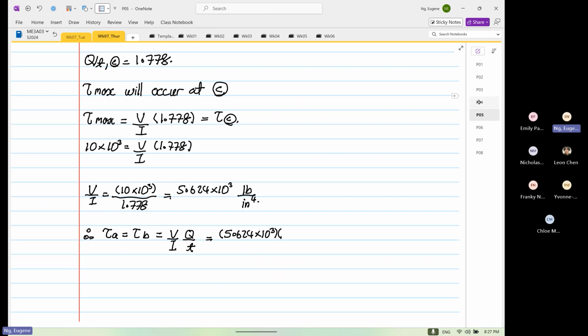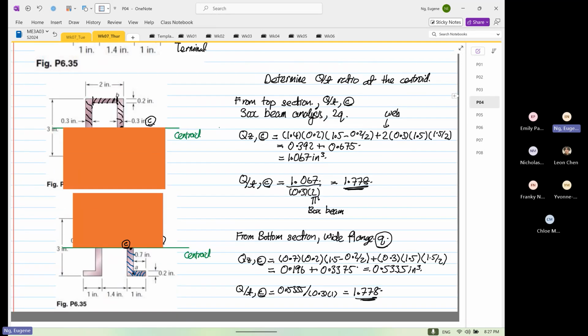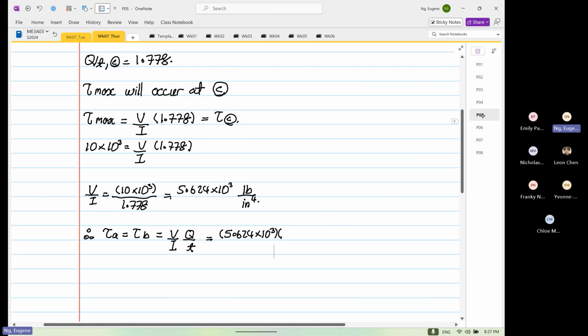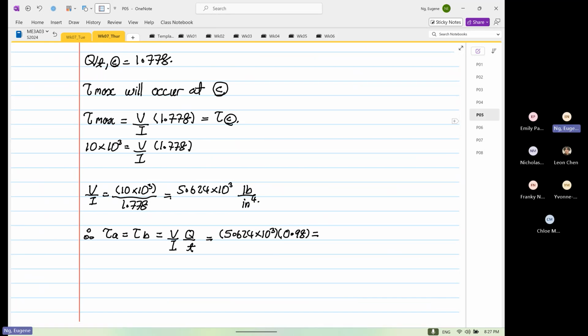The Q/T ratio we got at 0.98. So 5.624 times 10 to the power 3 times 0.98 is equal to 5.512 times 10 to the power 3 pounds per square inch. Okay.